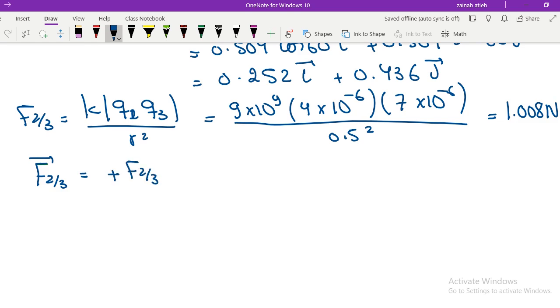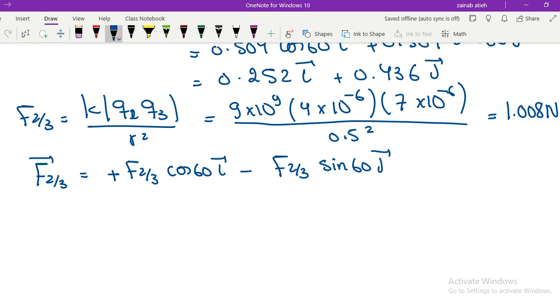No need to write the plus, but I am writing it to remind you to always pay attention before the projection: if it is along the x-axis or opposite to it, and along the y or opposite to it. So cosine 60 i minus F2 on 3, which is the magnitude and is always positive, sine 60 j.